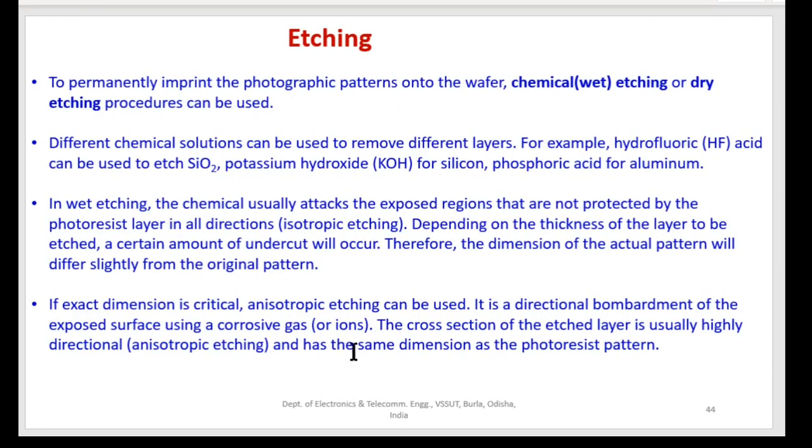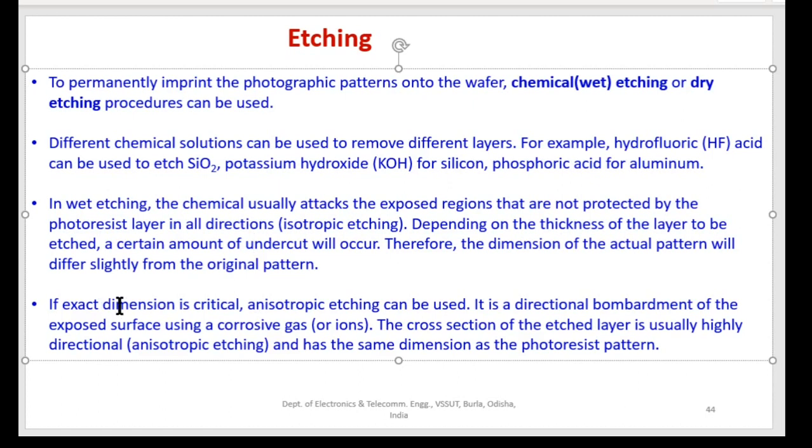So let's see what it says. It says that depending on the thickness of the layer to be etched, a certain amount of undercut will occur. Okay, therefore the dimension of the actual pattern will differ slightly from the original pattern. Right, we wanted something else, but we will get something else because of that undercut.